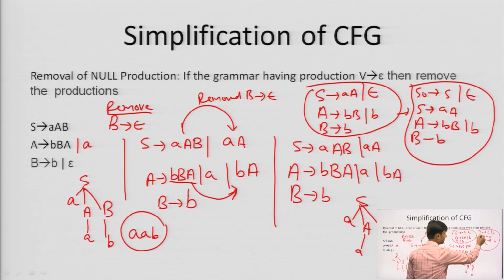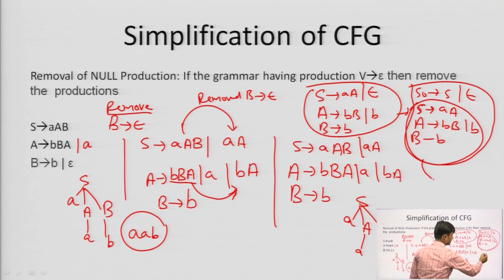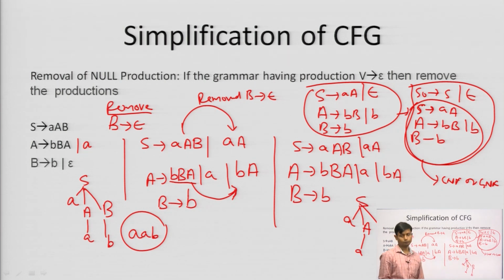Then from the starting symbol S, you have to convert this part to CNF or GNF, we will go into this later on. So, like that you have to do. If your language itself derives epsilon, empty, we could not remove this epsilon. So, what you do, you have to make a new state and derive from there. The initial symbol will be S0 and S0 will derive epsilon. So, this is the removal of null production.